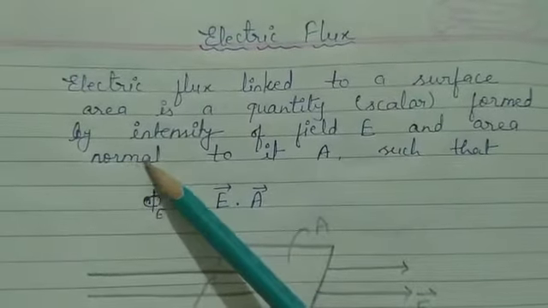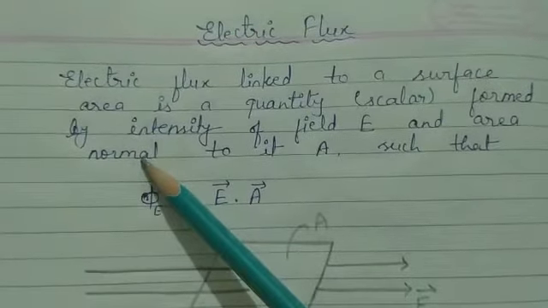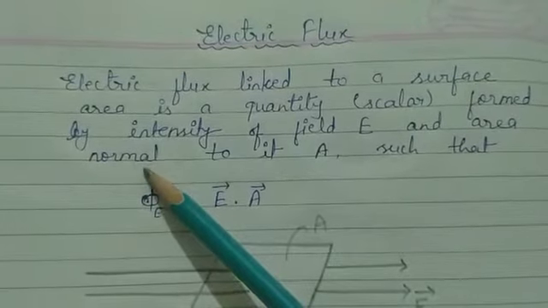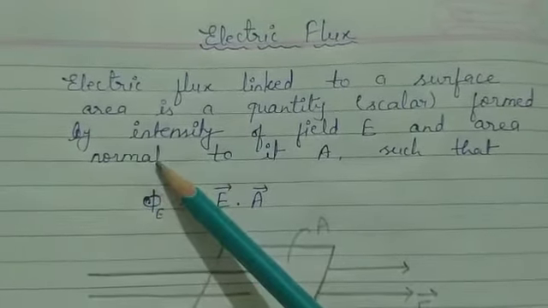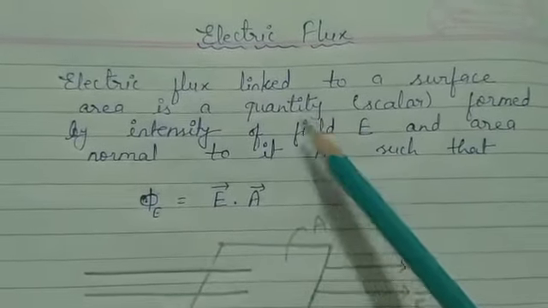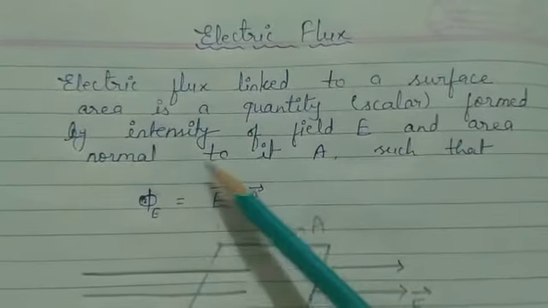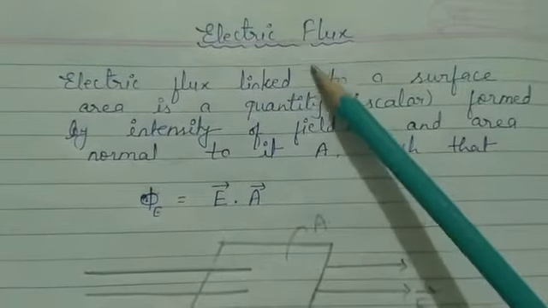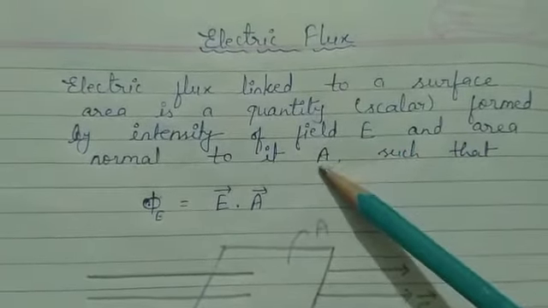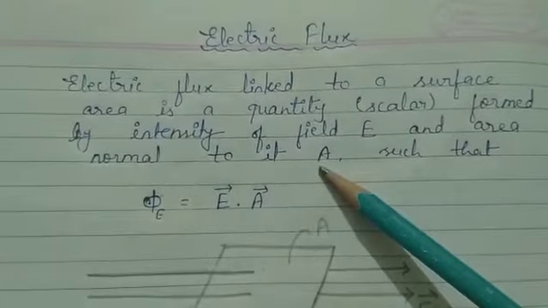When we write area normal to it, we have specified the direction of area. So electric field E and area normal to it, A, together make electric flux.